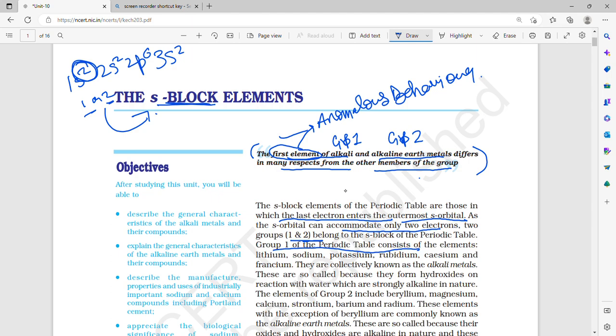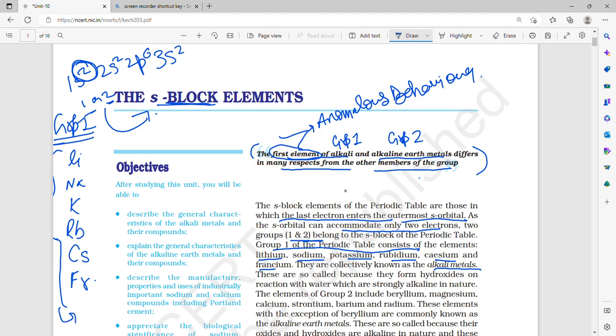Now group 1 of the periodic table consists of the elements lithium, sodium, potassium, rubidium, cesium and francium. They are collectively known as alkali metals.